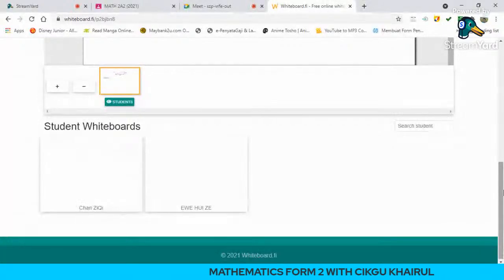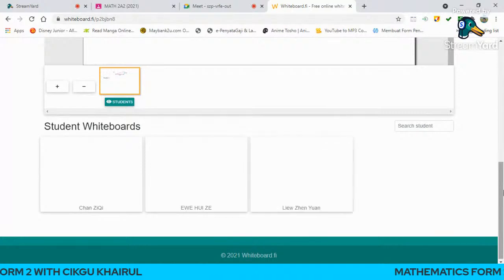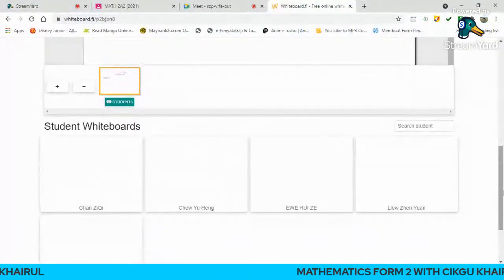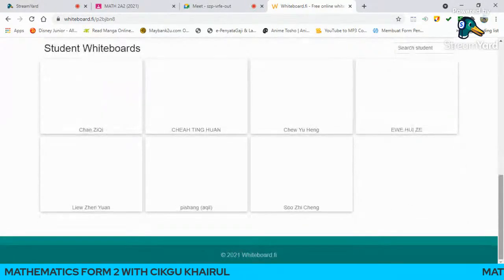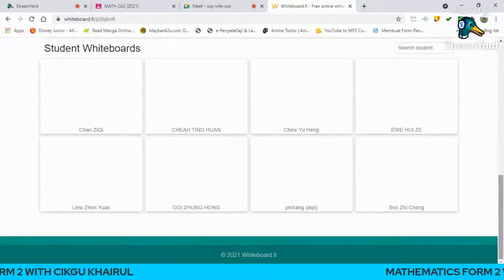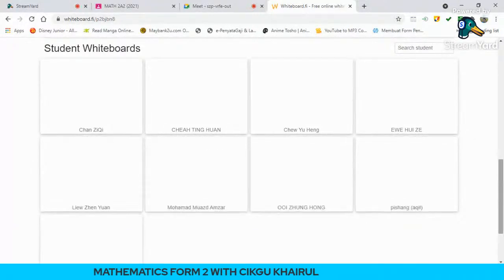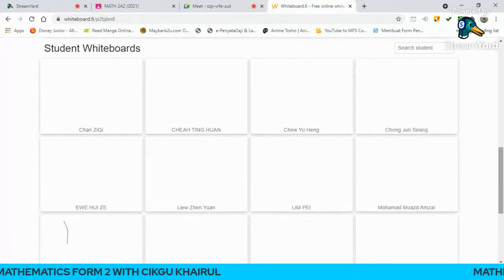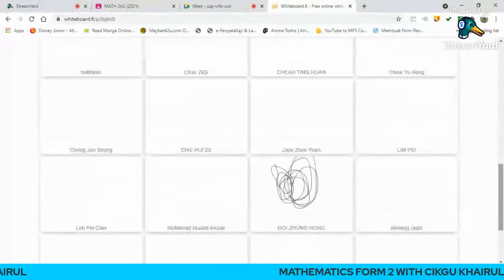So far two students already entered, Chanziki and user. If you are using a laptop, maybe it is quite difficult, but if you are using a handphone, it should be no problem. This one needs no installation. This is whiteboard.fi. Right now I see Chanziki, Chia Ting Huan, Balkis, Chu Yu Heng, Chong Jun Xiang, so many.